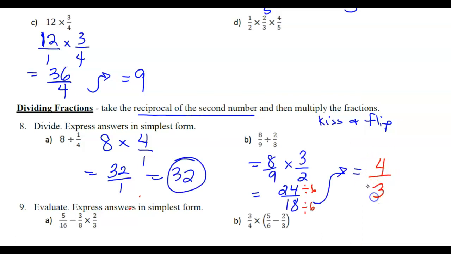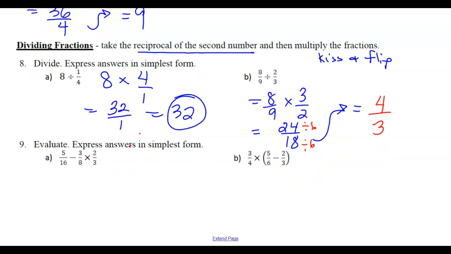Oops, I'm going to change it, but 4/3. Now, take a look at this particular question. If you had said, oh, I'm just going to divide 8 by 2 and 9 by 3, it works out. But it's very rare that that will happen. If it works for the numerator and not for the denominator, you can't do it. So if you did it that way, just realize that it's not always going to work.